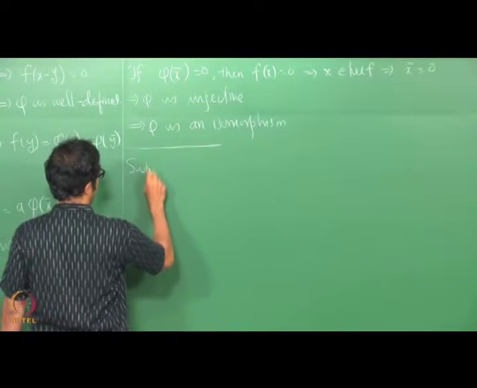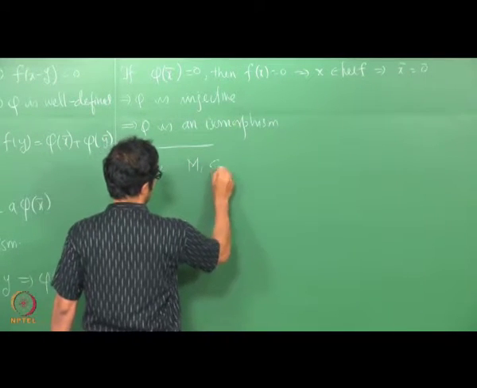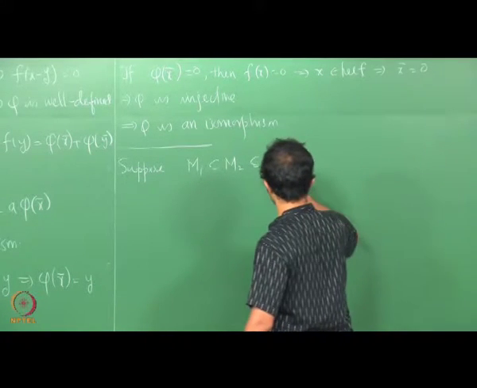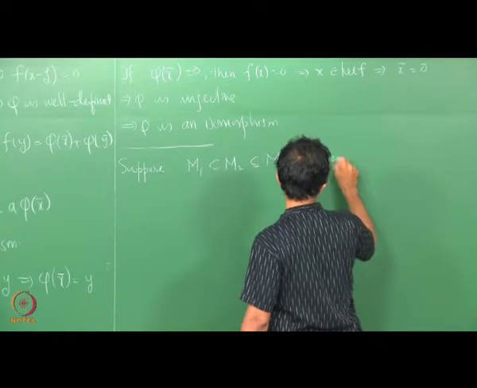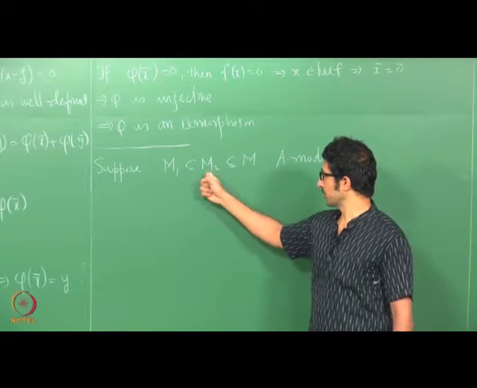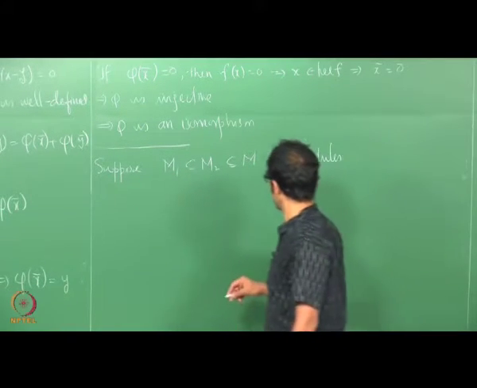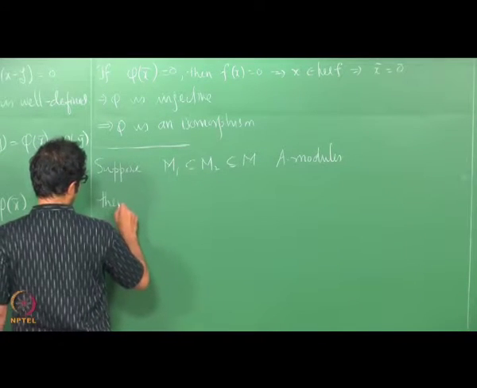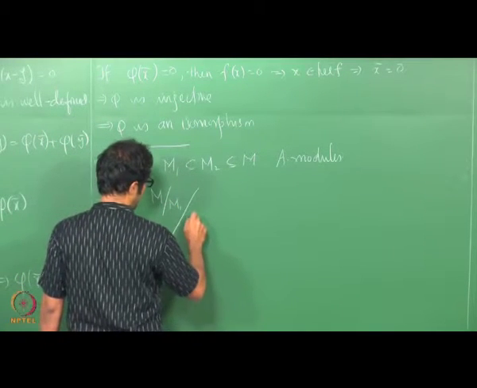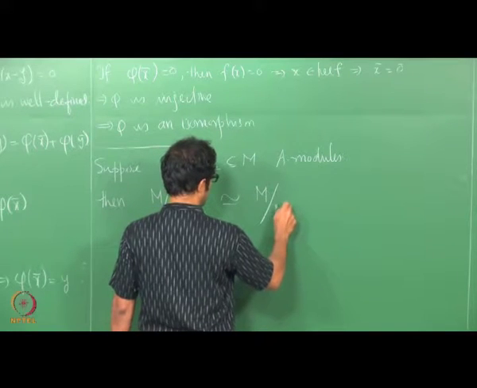Suppose I have M1 contained in M2 contained in M, A-modules, which means M1 is an A-submodule of M2 and M2 is an A-submodule of M, and hence M1 is an A-submodule of M. Then M mod M1 modulo M2 mod M1 is isomorphic to M mod M2.